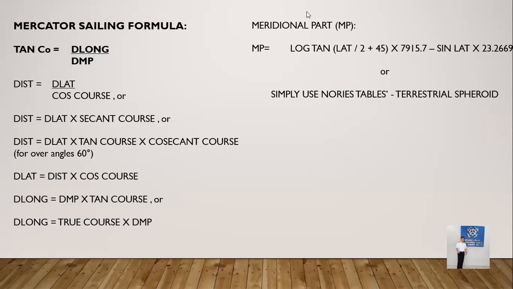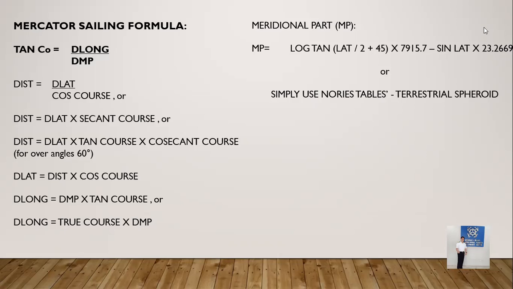Then, showing you on the right part of the slide is the meridional part. This is the formula if you do not have the Norie's tables. If you do not have the Norie's tables, but you have your scientific calculator, you have to memorize or write this down: log tangent of latitude over 2 plus 45, multiplied by 7915.7, minus sine latitude times 23.2669.